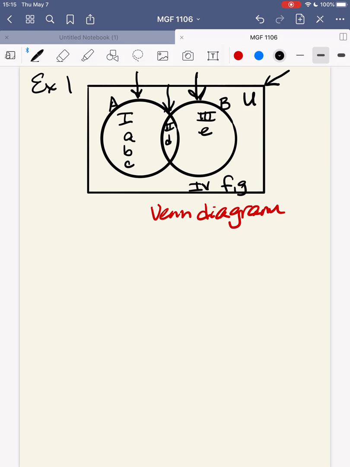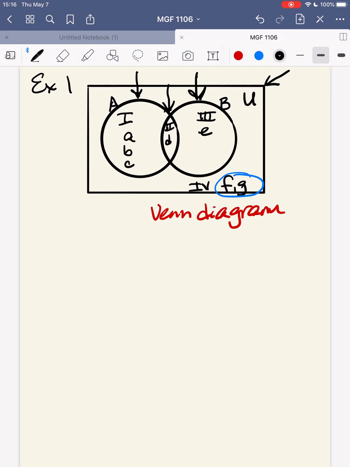Section 1 is A, section 2 is where they overlap, section 3 is B, and section 4 is your universe. Okay, so things that don't apply to either set A or set B. So anything that sits here in your universe is not part of the other 2 or 3 whatever sets that you have on the inside.